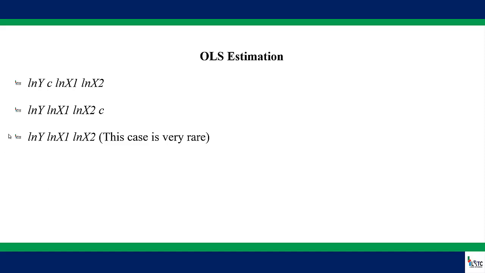The first is that you can just say y, that is the dependent variable, followed by the constant, which is c, then followed by the independent variables. And the second method is y, x1, x2, and instead of placing the constant immediately after y, you can move it to the front.